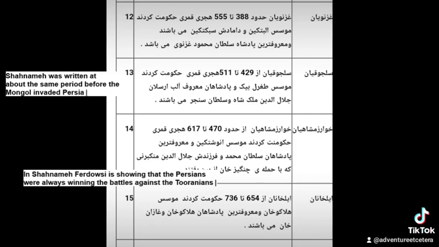Shahnameh was written at about the same period before the Mongols invaded Persia. In Shahnameh, Ferdowsi is showing that the Persians were always winning the battles against the Turanians or Mongolians, because Turan and Mongol is almost the same region.